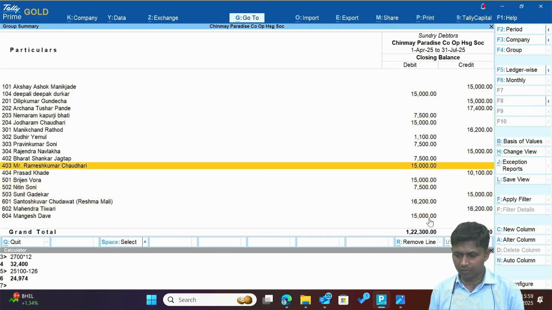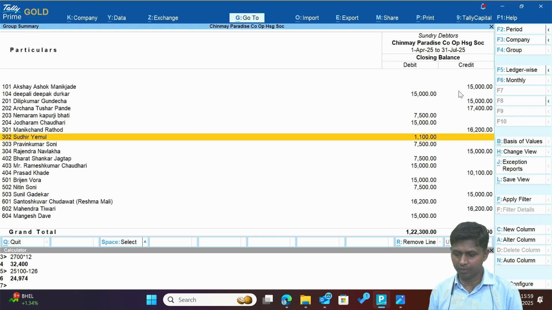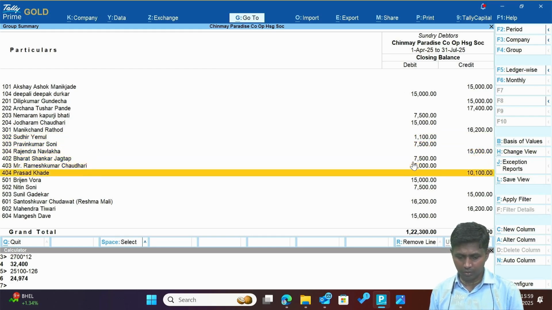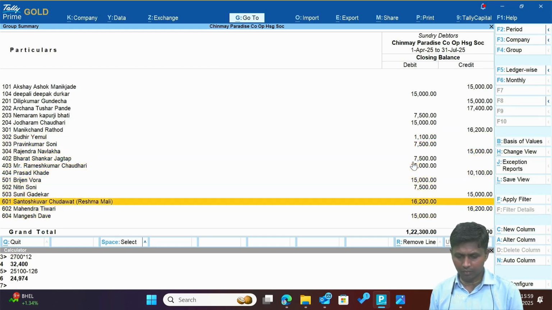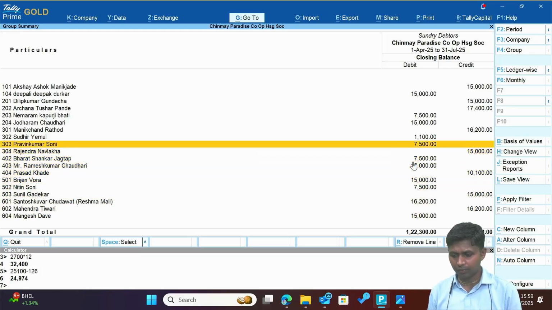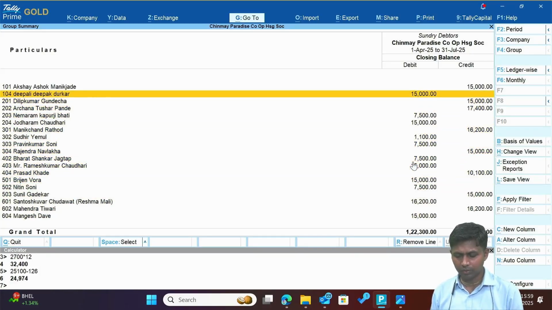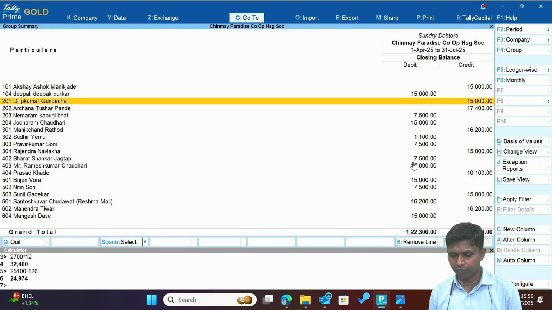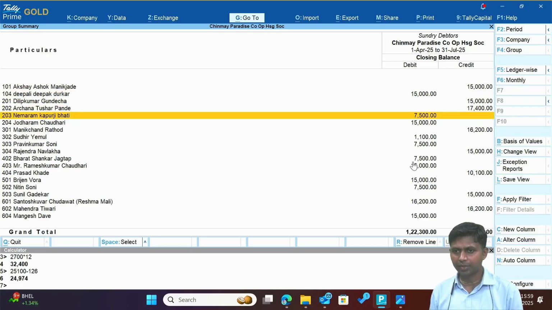Some parties, now these credit side parties have given us the advance, and these parties' due balance is there. That means they haven't yet paid amount to us. Correct. You can take the external confirmation from these parties, publish this on your society's group, ask for any discrepancy and resolve that.